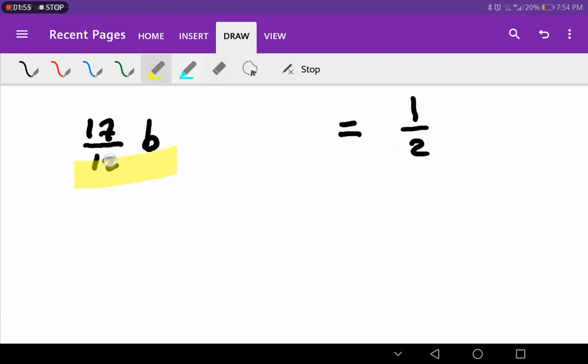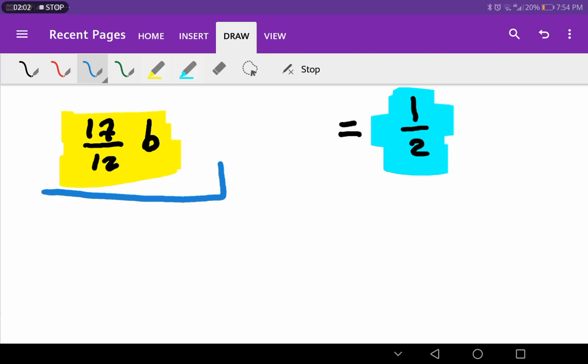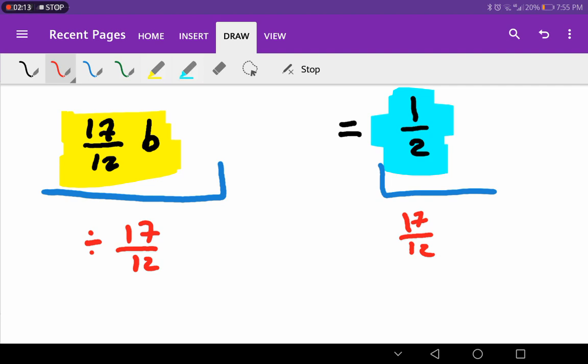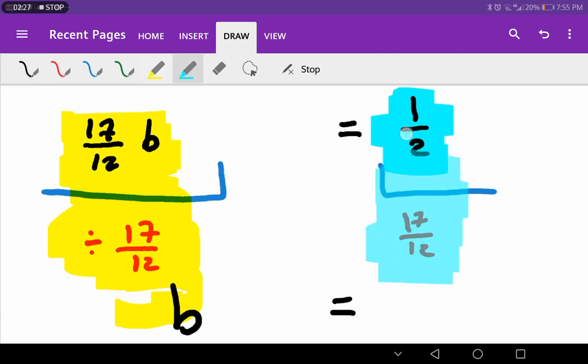I will determine the left side and this is the right side, and as you know we divide by the coefficient, which is 17 over 12. The yellow side, or the left side, will be B. Yes, the B coming down alone and happy, waiting for what will happen in the blue side.